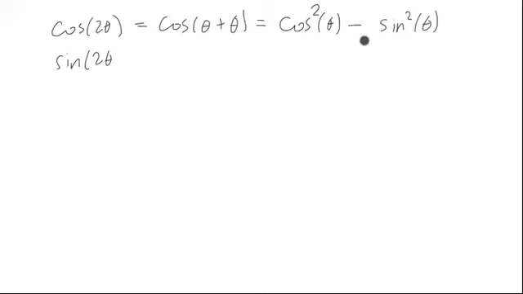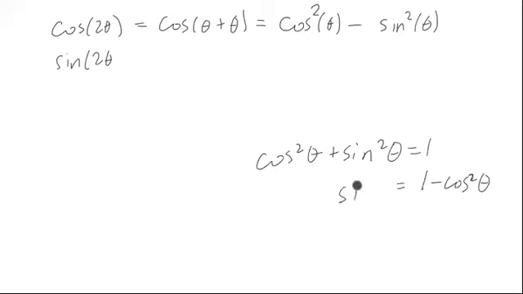Let's use a Pythagorean identity now, which is cosine squared theta plus sine squared theta is equal to 1. And let's replace sine squared theta with something with cosine squared theta. So let's solve this over. We have 1 minus cosine squared theta is equal to sine squared theta, and we can use this in place of sine squared.